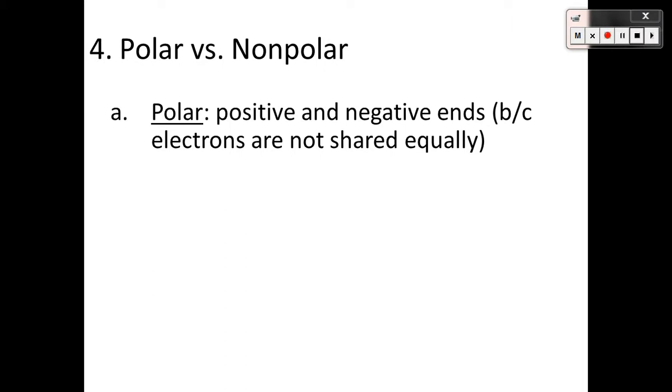So if I have two atoms that are sharing an electron pair, okay? The atom that has the electrons closest to it is going to be the one that is going to be more negative. That's because if the electrons are negative and it's holding the electrons closer to it, it's going to naturally be more negative. It's going to take on more of that negative charge from those electrons.